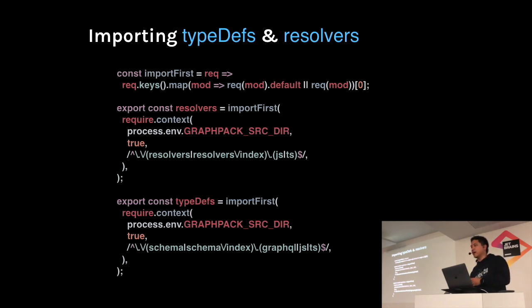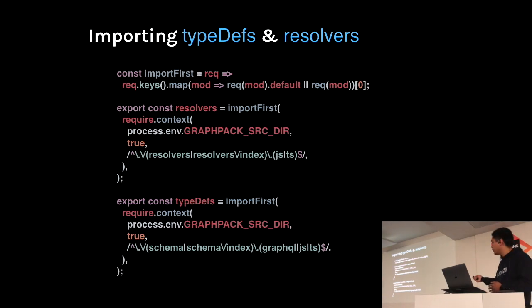So you have the typeDefs and the resolvers. And I wanted it to work so that you can also use resolvers/index.js, and for the schema it supports schema.graphql or the schema as a JavaScript file, for example for the folks that want to use the type definitions with the gql template tag.